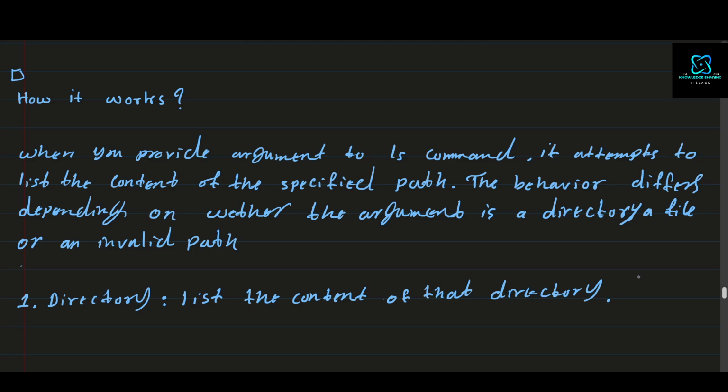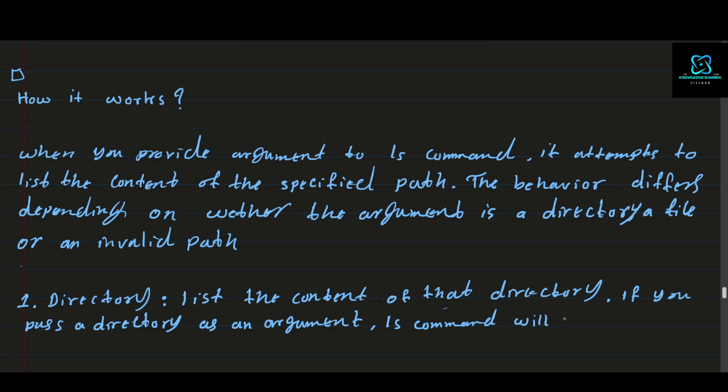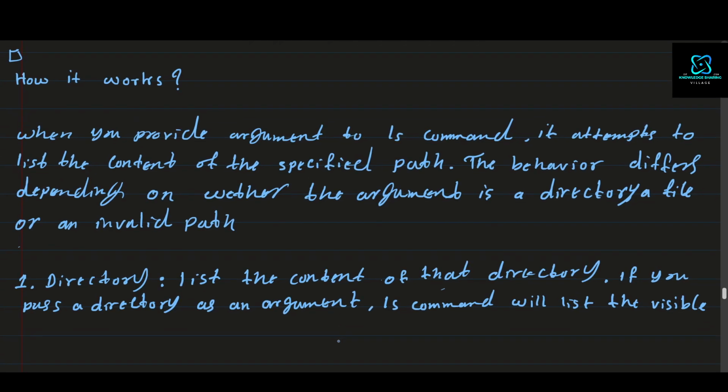In other words, if you pass a directory as an argument, ls command will list the visible, this is the key point, because we are not using options, the visible contents of that directory.